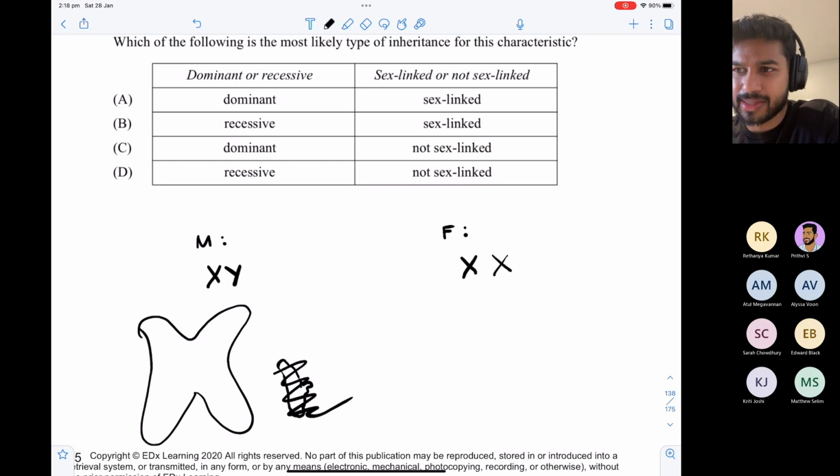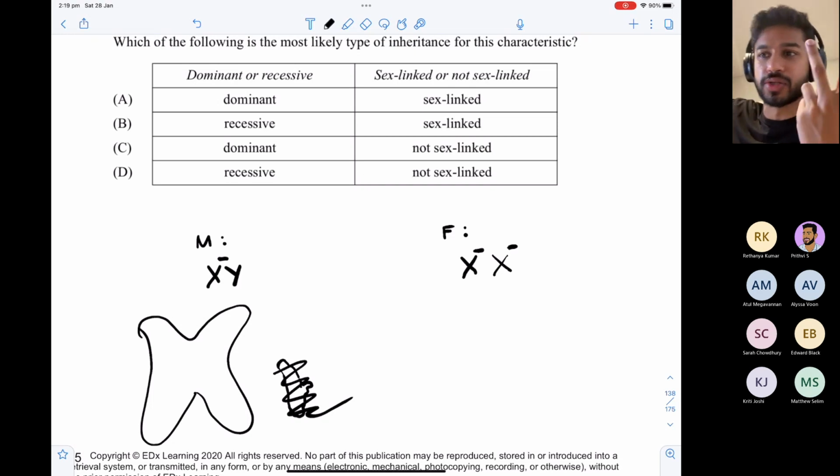So if a condition is sex-linked, we said it means it lies on the X chromosome. Males only have 1 X chromosome, females have 2. So females can carry 2 alleles for a sex-linked condition. Males can only carry 1.